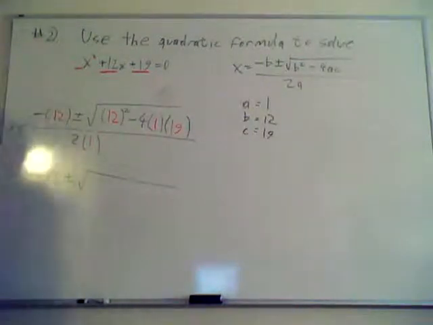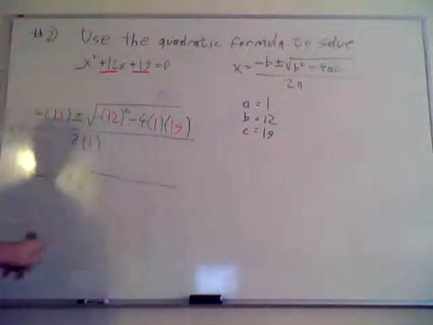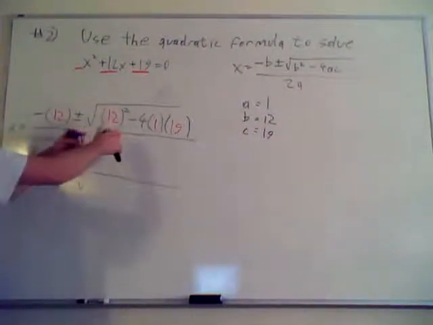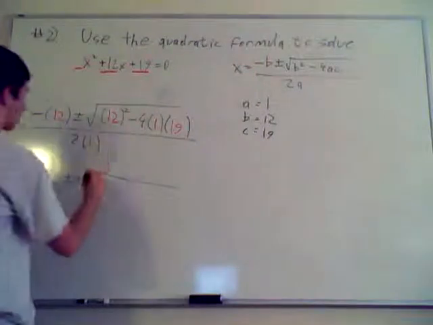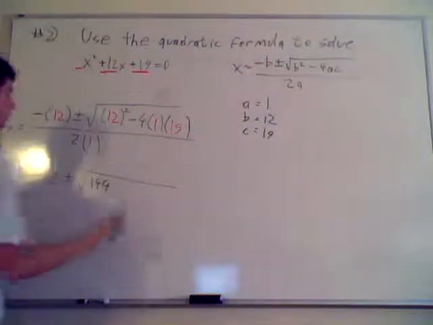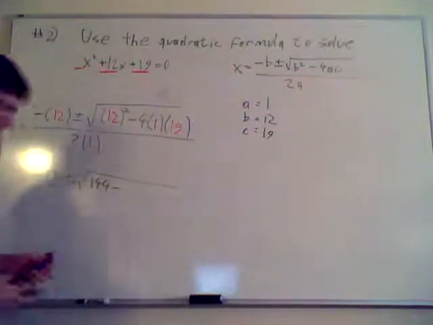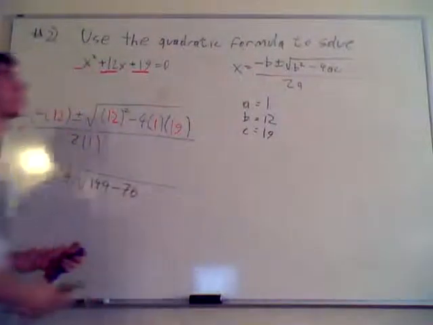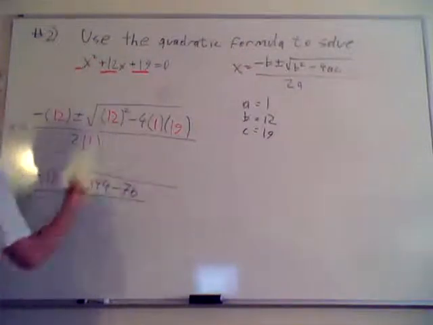Following order of operations, we have the squared symbol inside of the square root, so that's the thing we're going to solve first. 12 squared is 144. Minus 4 times 1 times 19. 4 times 19 is 76. Over 2 times 1 is 2.